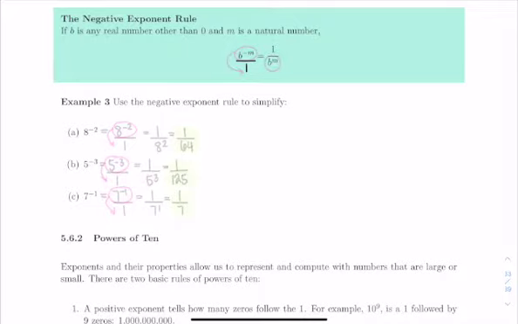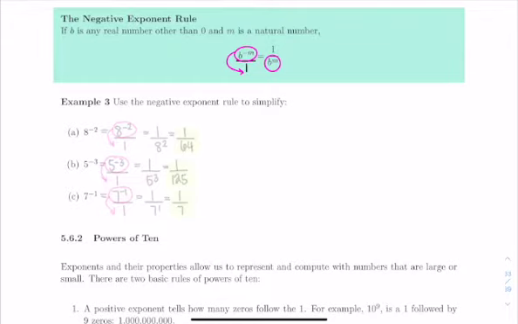And so what the negative exponent says is that anything raised to the negative exponent just gets flipped across the fraction bar, and then it becomes positive. This works if the negative exponent is in the denominator as well. We would just flip it to the top and it becomes positive.